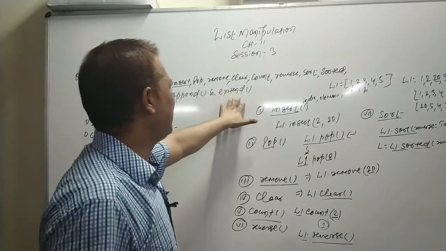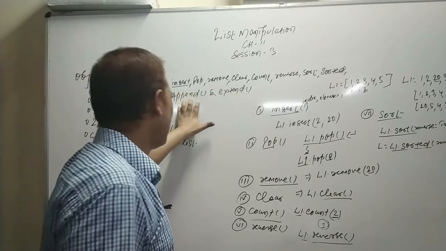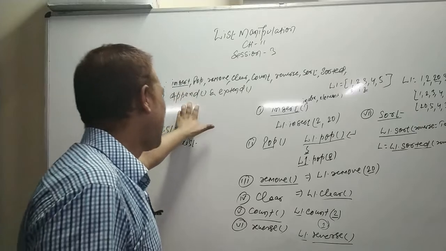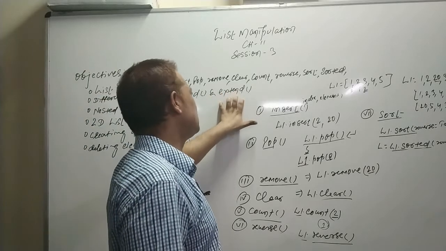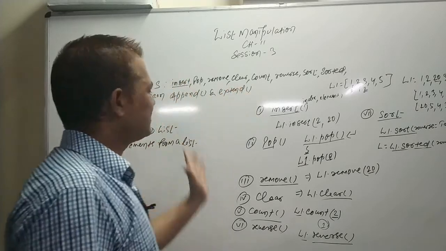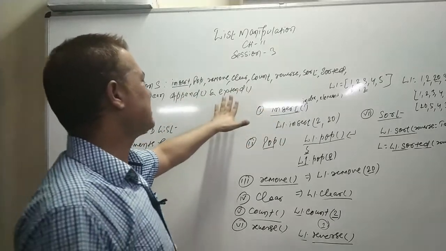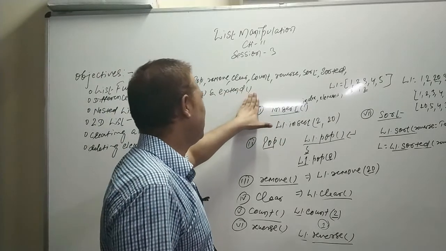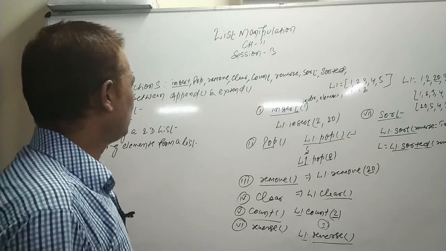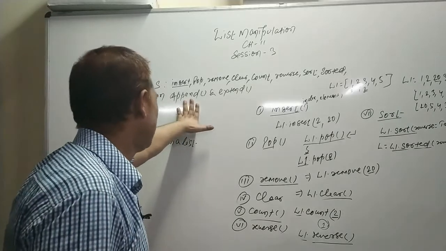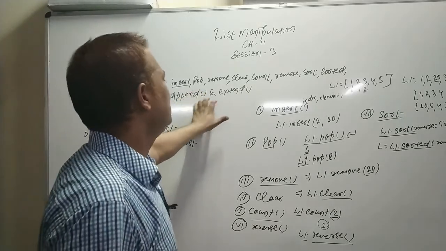The difference between append and extend is that append takes one element that you want to add at the end. Extend can take a list name as a parameter to extend a list with some other list. Extend can use more than one element in a list, but append always takes one element and adds it to the end.